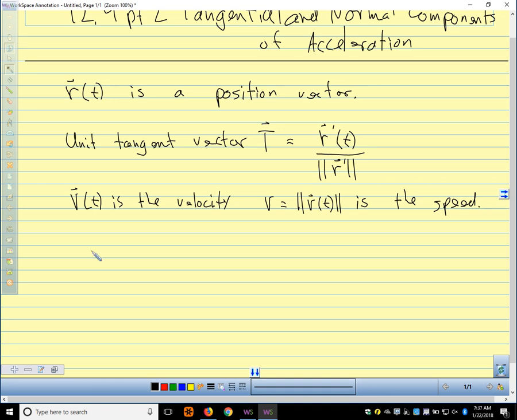And we know that N, our principal unit normal vector, is T prime over the magnitude of T prime.